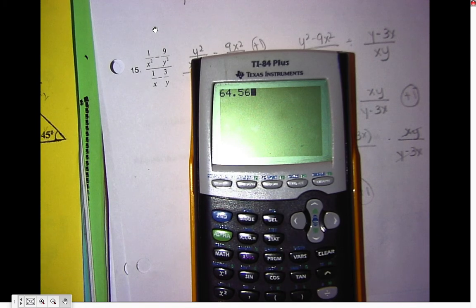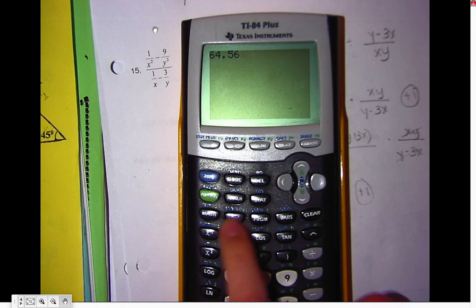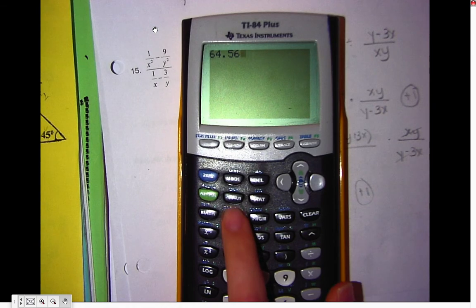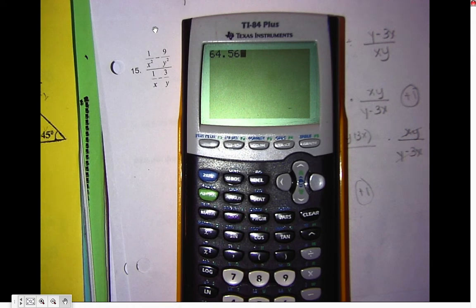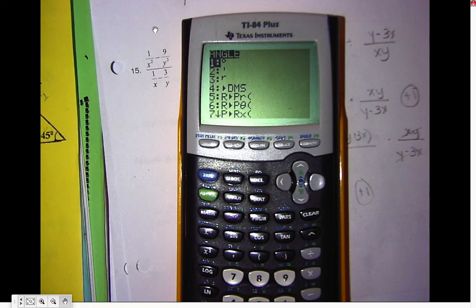If you notice, there's this purple app button. If you read right above it, it says angle. So we're going to look at some kind of angle measurement. If you hit that second and then angle, option 4 says DMS.